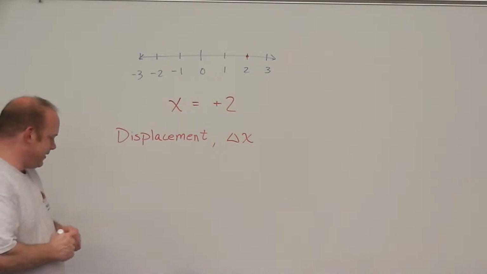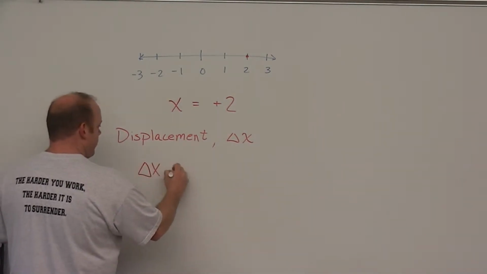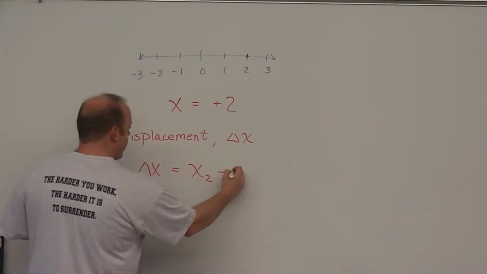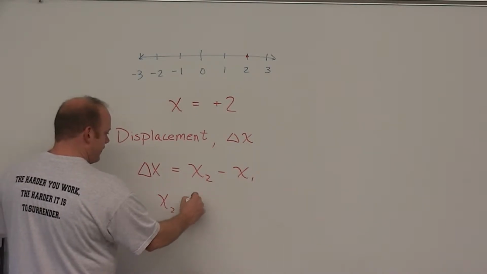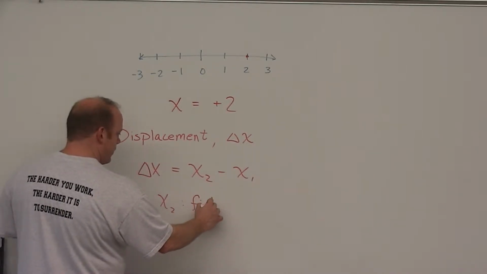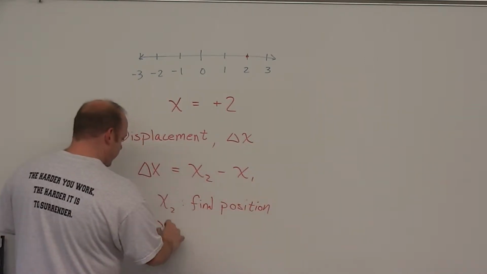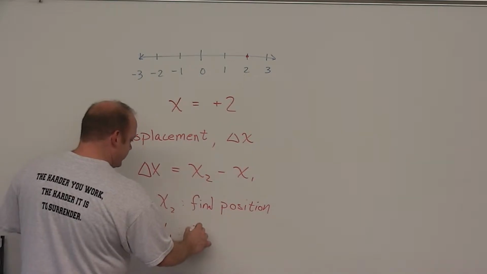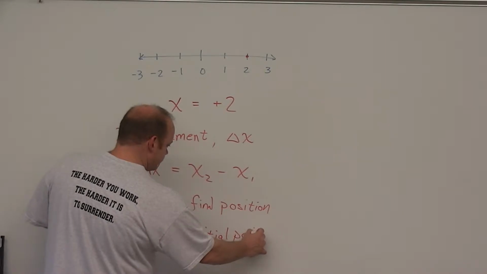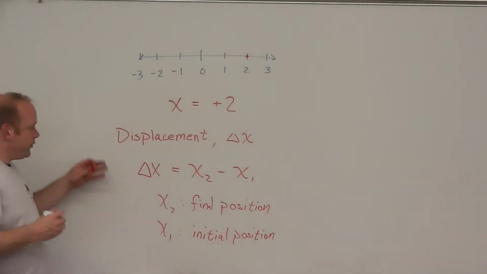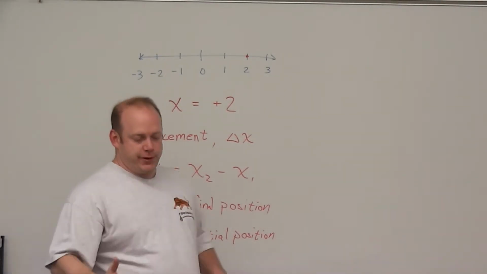So now delta x will equal x2 minus x1, where x2 is the final position, and x1 is the initial position. Okay? So my delta x, my displacement, is the difference between those two.